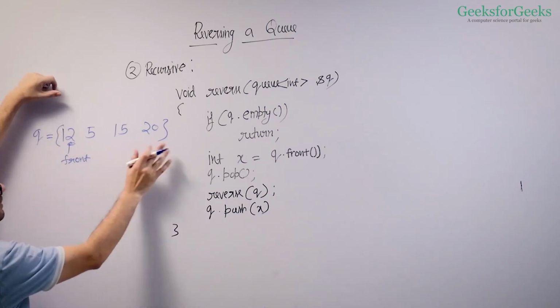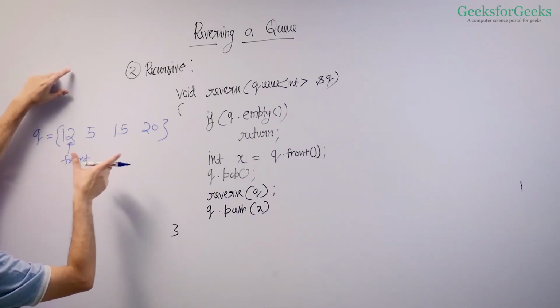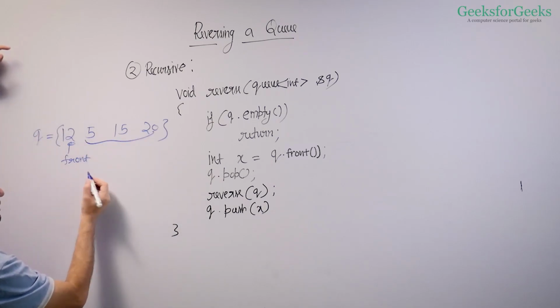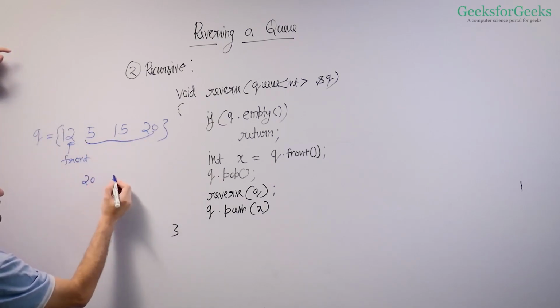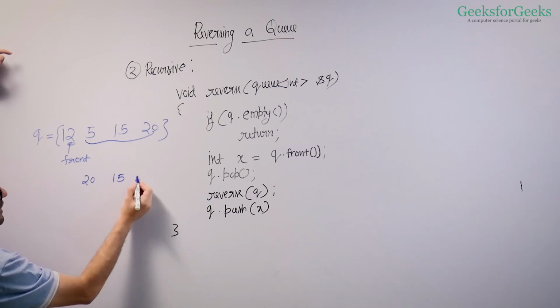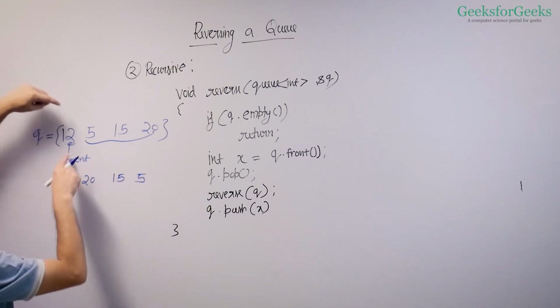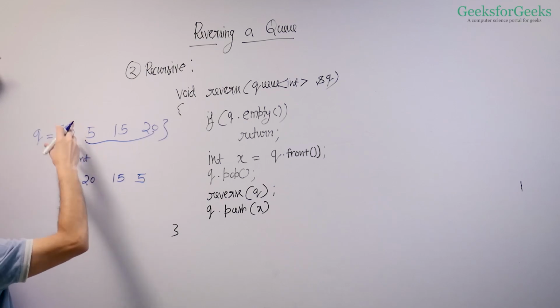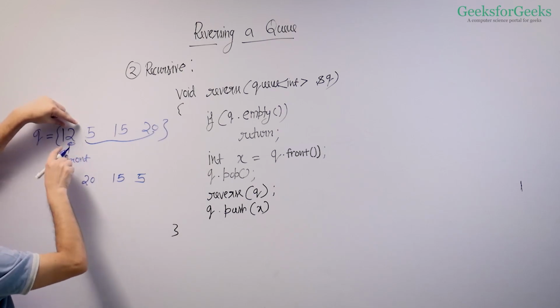So the queue is this. Say I somehow reverse these n-1 items of the queue using recursion, 20, 15, 5. Now how do I handle this item? I can just do dequeue on the queue, or remove or pop on the queue. Basically they are all used for the same purpose. So I remove this item.